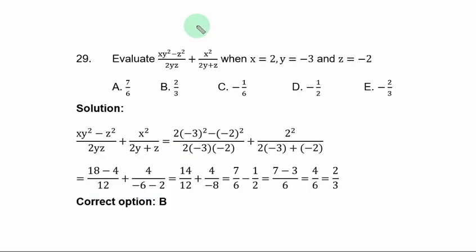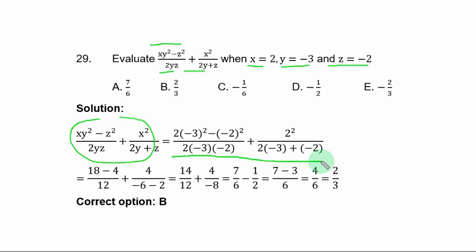Question 29. Evaluate (sy squared minus z squared) over 2yz plus s squared over (2y plus z) when s equal to 2, y equal to minus 3, z equal to minus 2. You write the given expression and you replace s, y, and z with what they stand for, in this form.